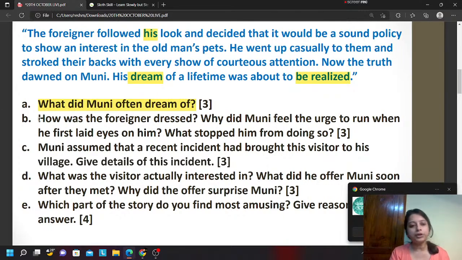Moving to question number 2. How was the foreigner dressed? Now, the hint that I will give from here is, it is on page number 57. If you move to page number 57, you will get the answer to it. Answers should come from you. This is a very easy question. Let's see. There were many of you asking for a horse and two goats.